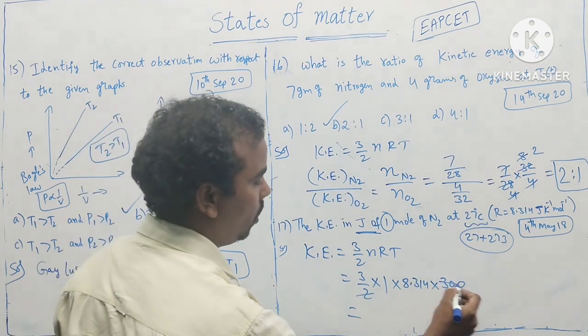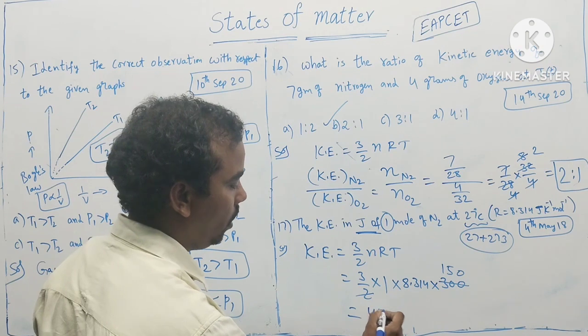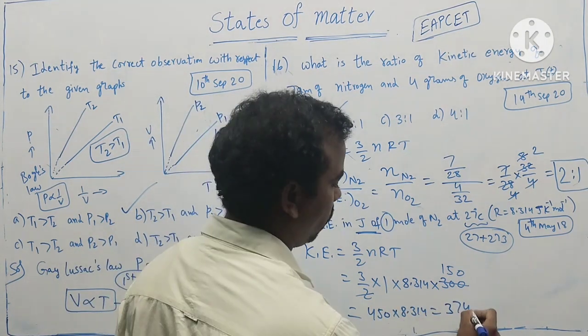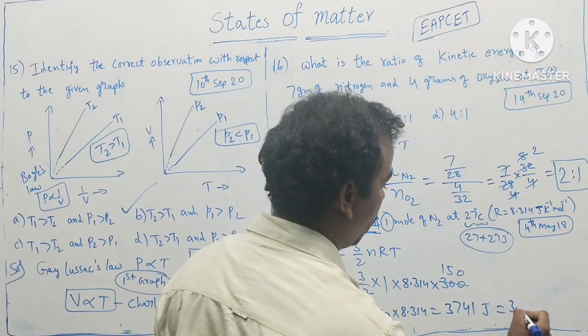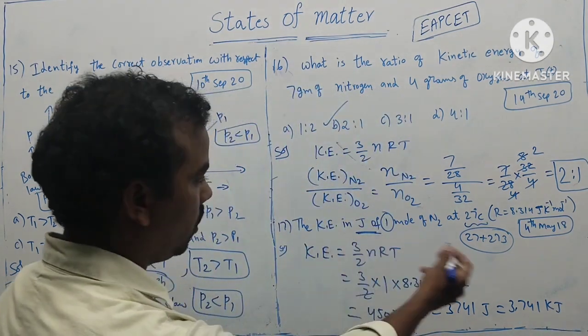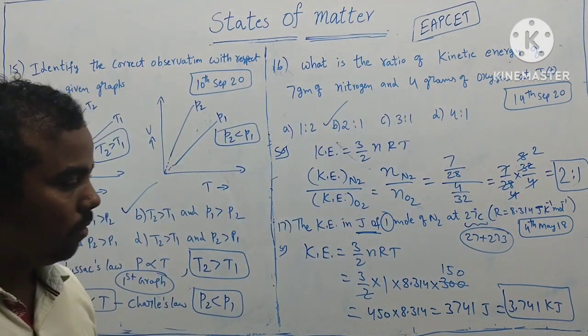So 2 in 300 is 150 times. 150 into 3 is 450, into 8.314 gives 3741 joules. Converted into kilojoules, 3.741 kilojoules. Here options are not given, so the answer is 3.741 kilojoules.